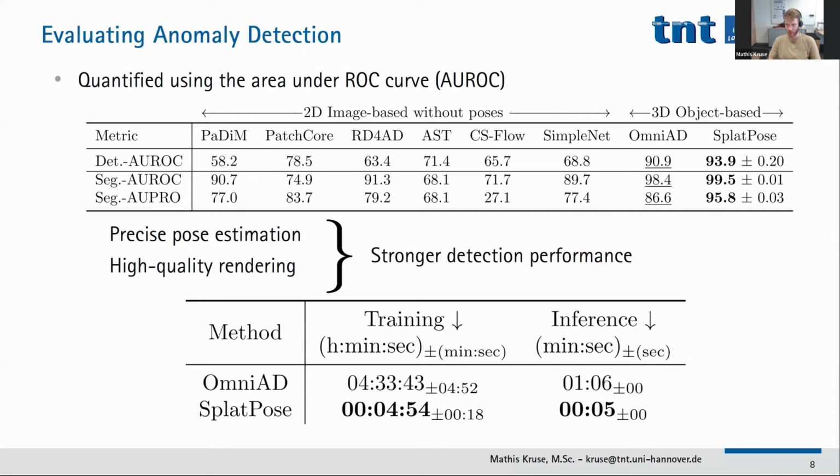So our method is, just by virtue of using Gaussian splatting, orders of magnitude faster in both training and inference than OmniPose AD, which is another good advantage when you want to detect anomalies in industrial settings where you want to be very fast, usually real time.